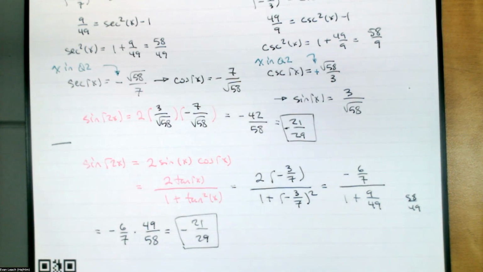So there is a double angle identity for sine that's written in terms of tangent.